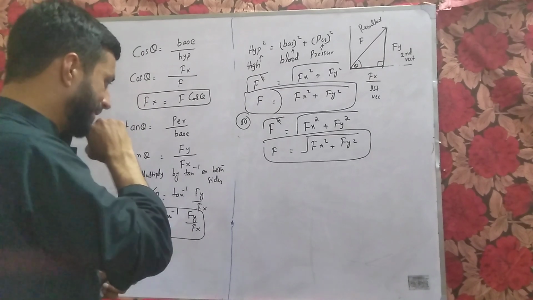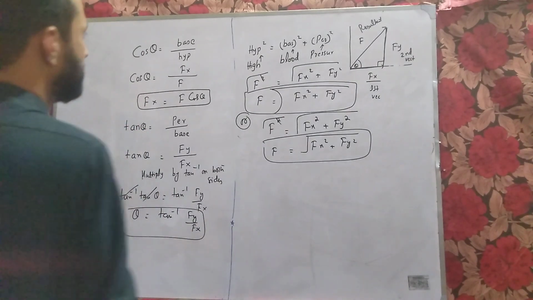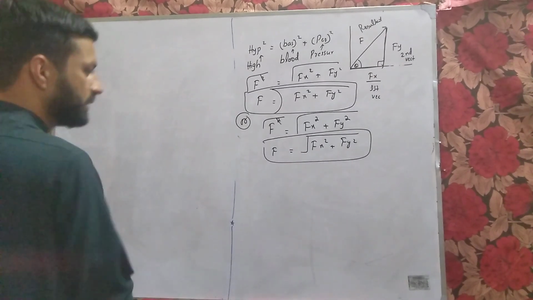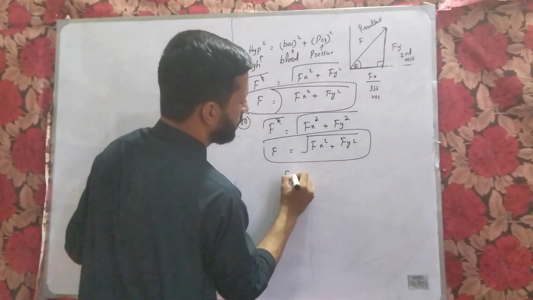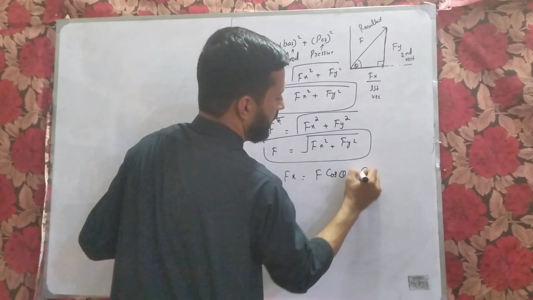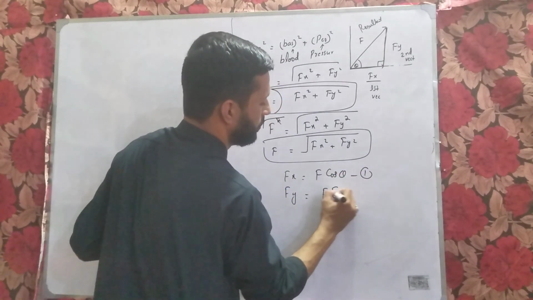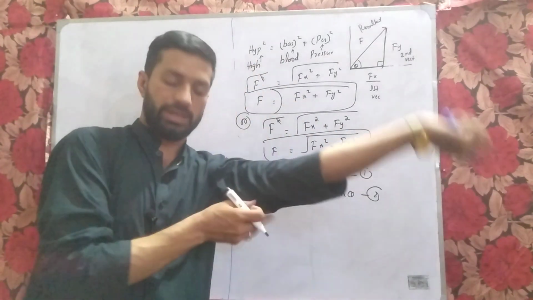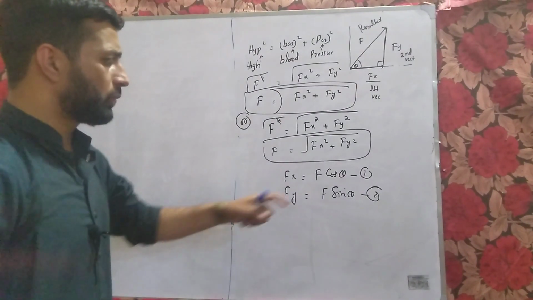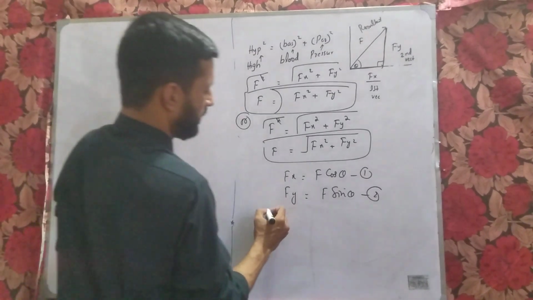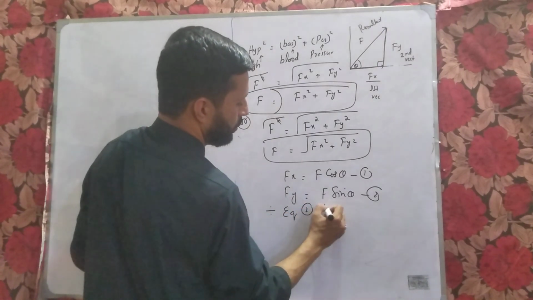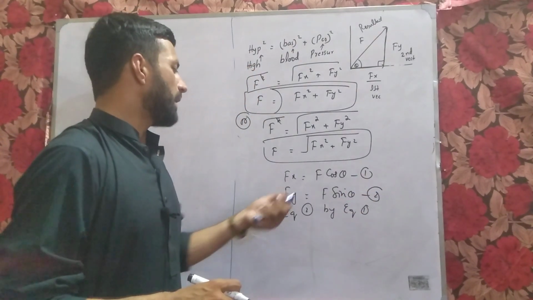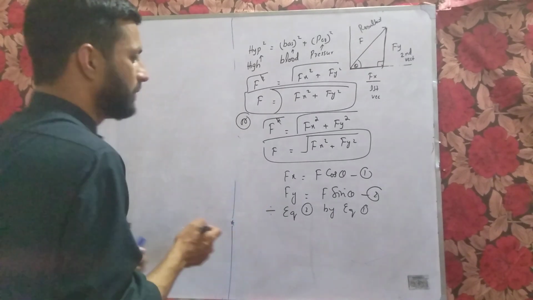Now we find tangent theta by another method. We have fx and fy. As we inspect, fx is equal to f cos theta and fy is equal to f sin theta. These are the two equations for fx and fy. Now we divide equation 2 by equation 1. Whenever equations are divided, the left side is divided by the left side and the right side by the right side.